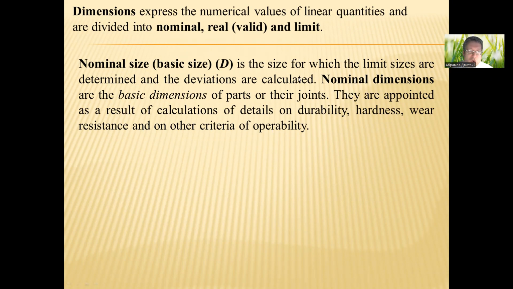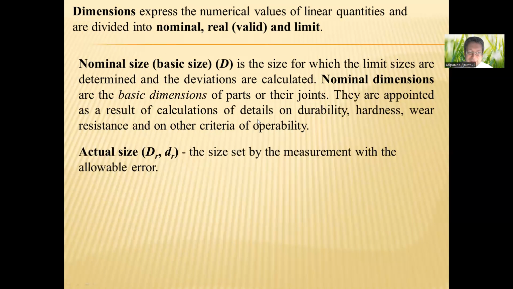Nominal size or basic size is the size for which the limit sizes are determined and the deviations are calculated. Nominal dimensions are the basic dimensions of parts or their joints. They are appointed as a result of calculation of details on durability, hardness, wear resistance, and on other criteria of operability.